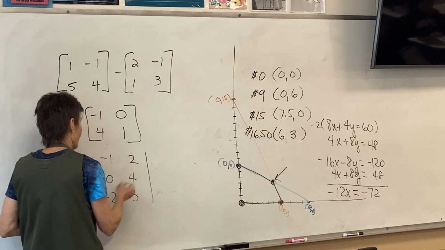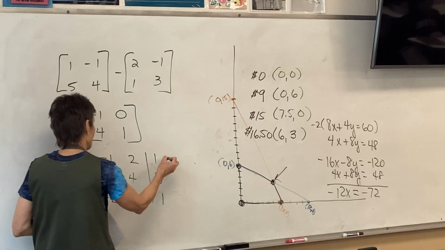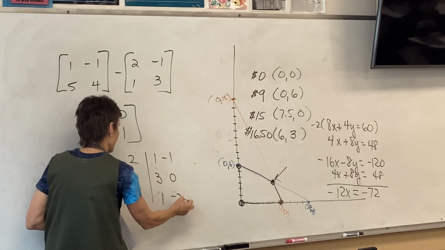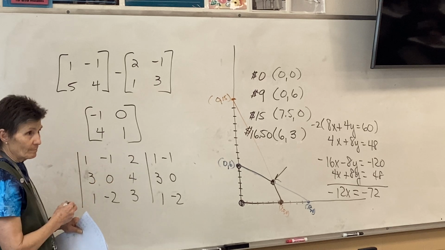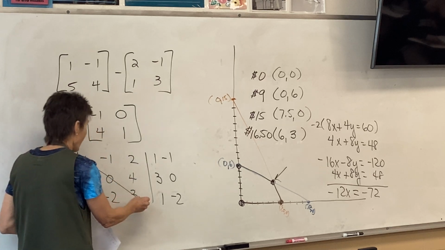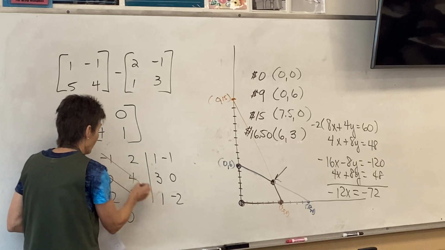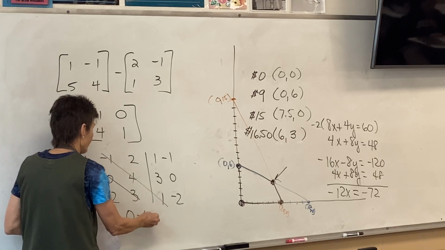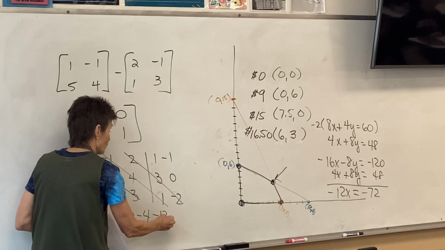So then I take the first 2 columns, so 1, 3, 1, and -1, 0, -2, and tack them onto the determinant. And then I multiply and get 0, I multiply and get -4, I multiply and get -12.